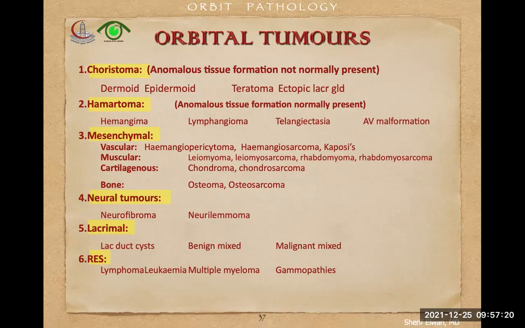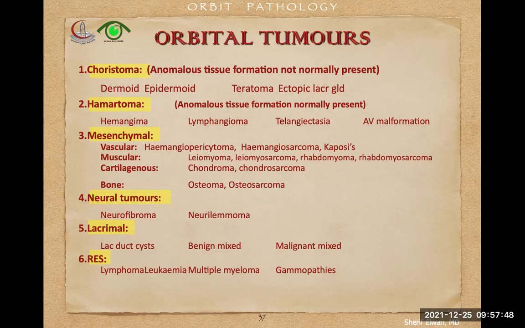So the term tumor to lay people immediately means cancer. But for us, a tumor is a mass. And this mass might be a choristoma or hamartoma, we know the difference now, or mesenchymal in origin from the mesoderm, embryologically speaking, might be from the neural tissues, might be from the lacrimal gland, or from the reticuloendothelial system.